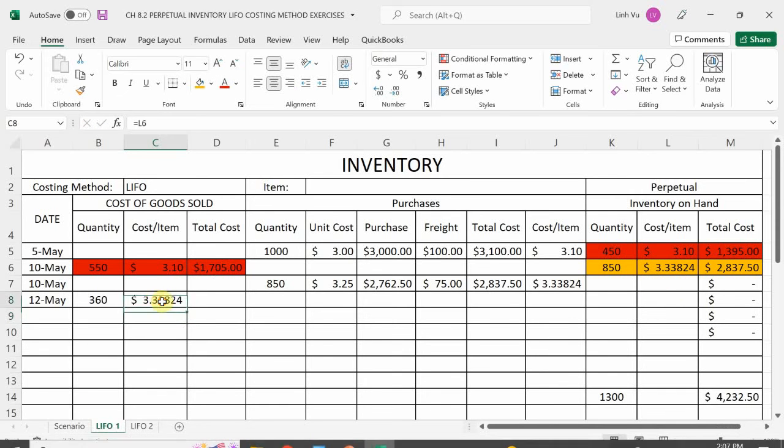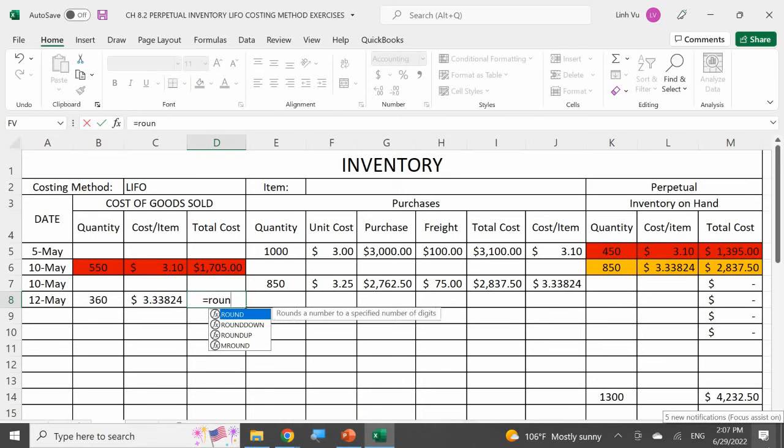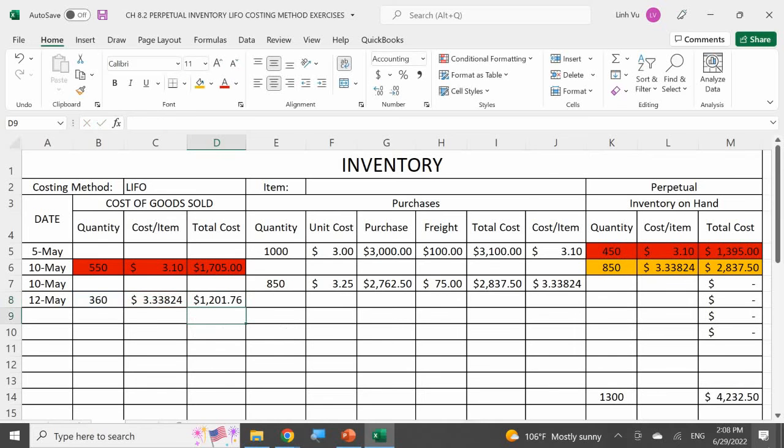So in this case, I need to calculate how much my total cost of goods sold is going to be. Since this 850 can cover all 360 units, what is my total cost of goods sold here? $1,218.